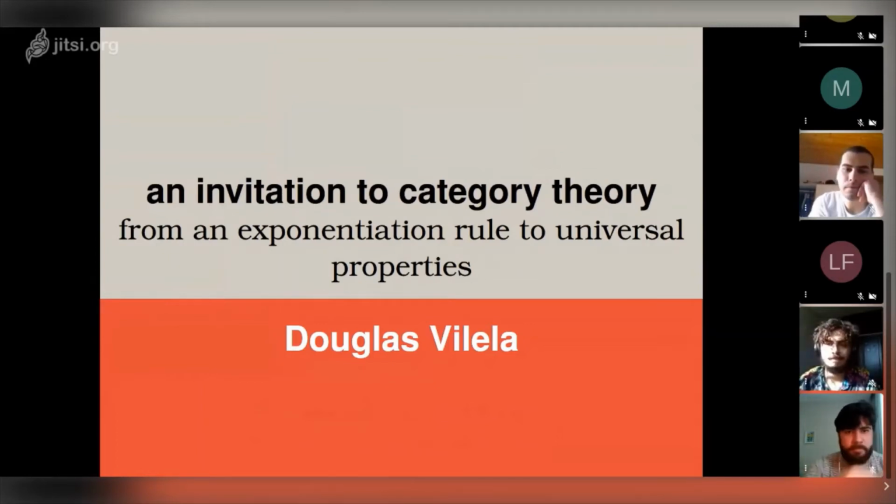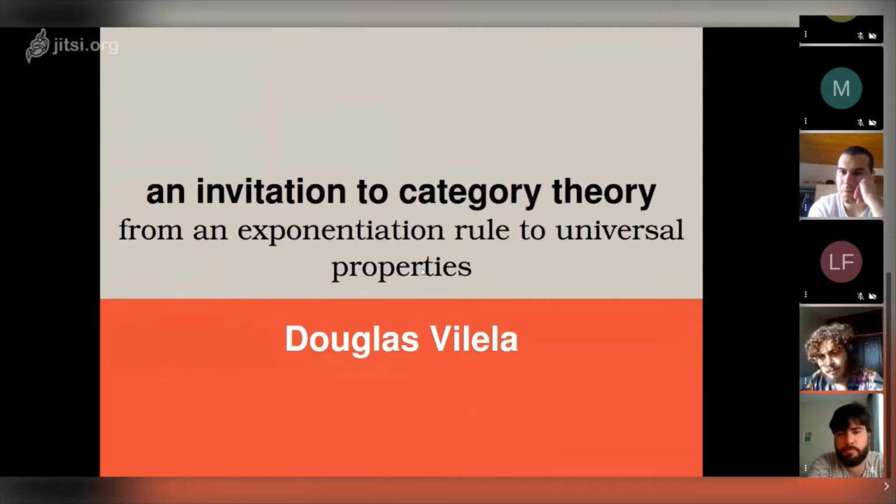So the idea of this seminar here is just to present some ideas behind category theory, to do a little invitation, some kind of introductory exposition to some of the ideas of this theory.